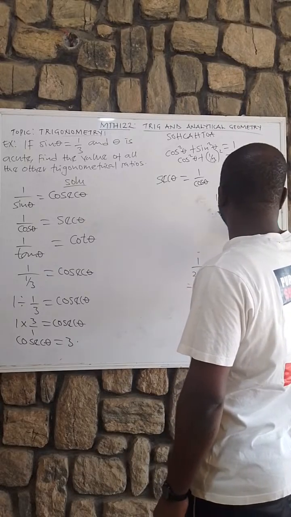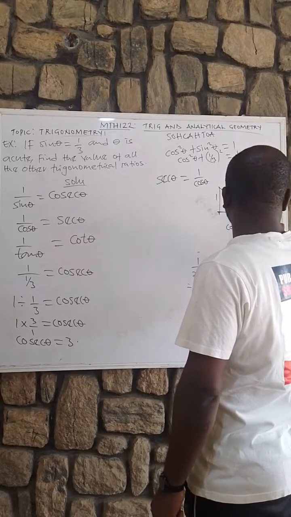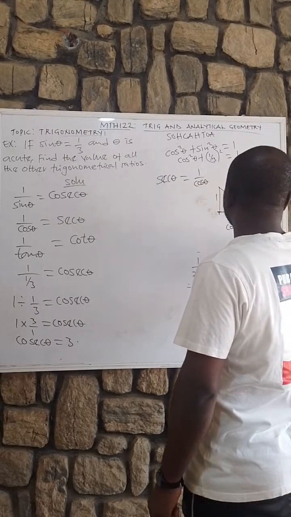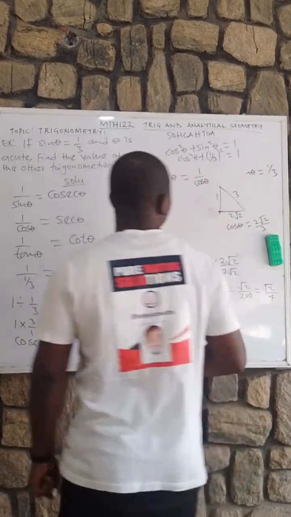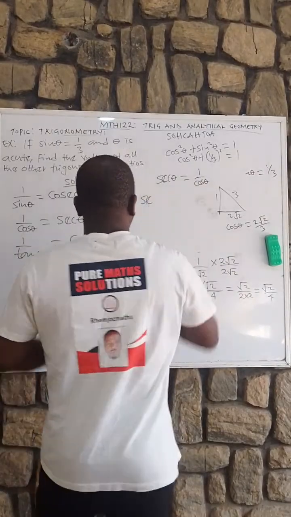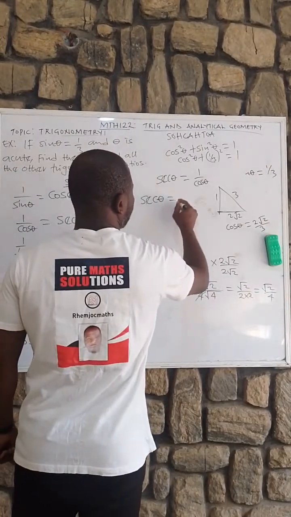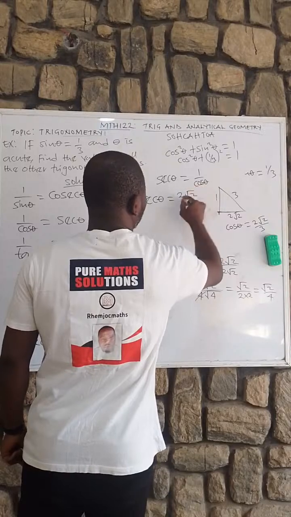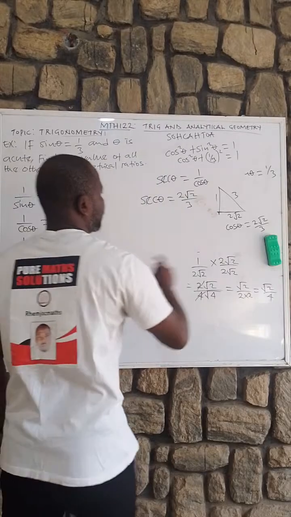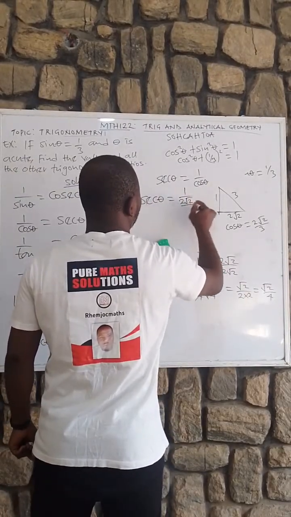Cos theta is adjacent all over hypotenuse, 2 root 2 all over 3. Okay? So our cos theta is 2 root 2 all over 3, right? So sec theta is 1 all over 2 root 2 all over 3.